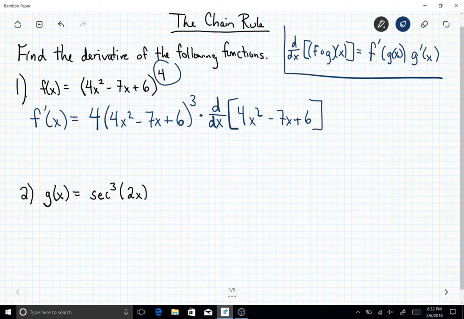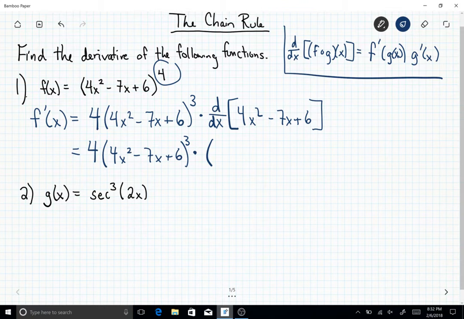So moving forward from this part, notice we get 4 times the quantity 4x squared minus 7x plus 6. Now notice we're cubing this, but then we're multiplying by the whole derivative, not just the first term. So what we need to do is put parentheses around what that derivative is going to be. So 4 times the derivative of x squared, which is 2x.